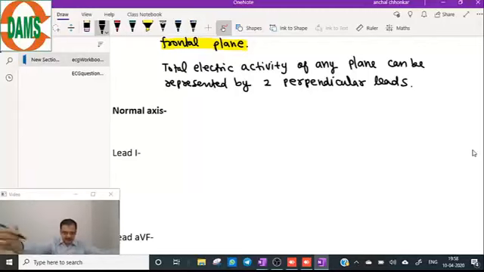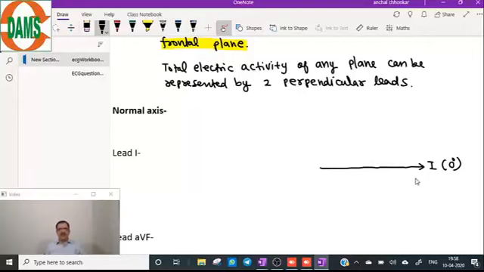So here is lead 1. Zero degree axis. Lead 1 is at 0 degree axis. Why not others? You can take others, but they will be slightly tilted. So it is better to see in a convenient position, that is 0 degree and 90 degree. You can also take lead 2 and AVL, but they will be oblique, slightly tilted.